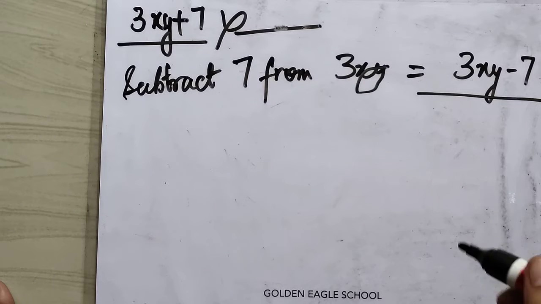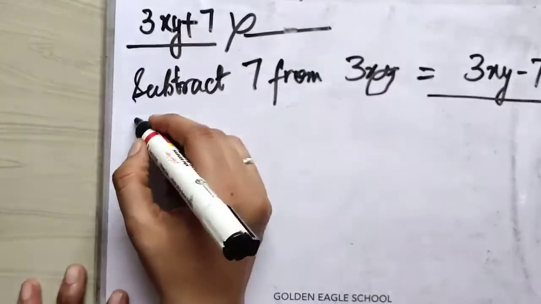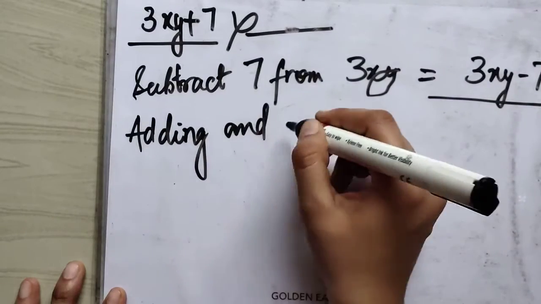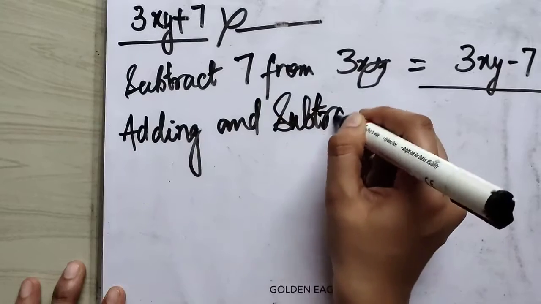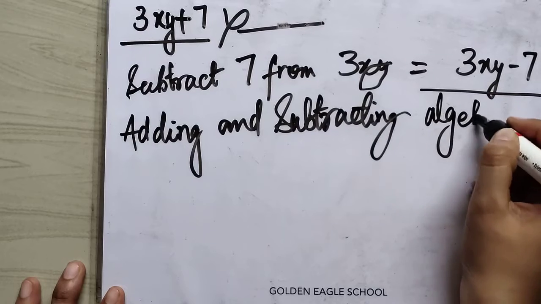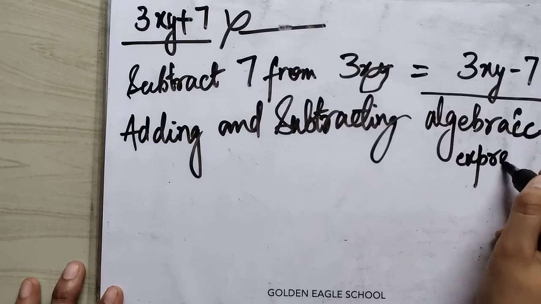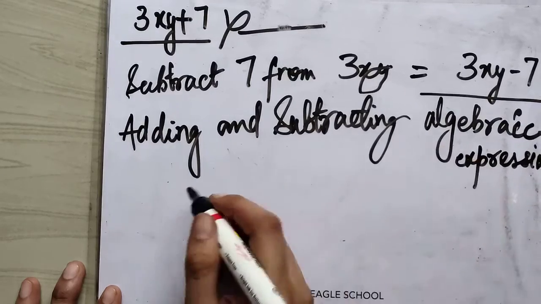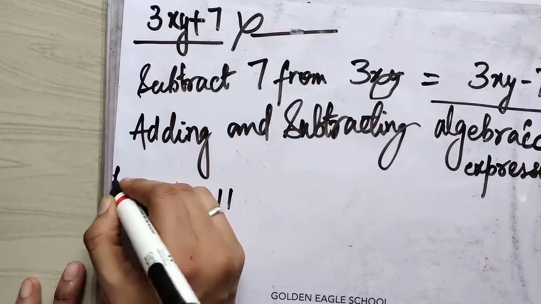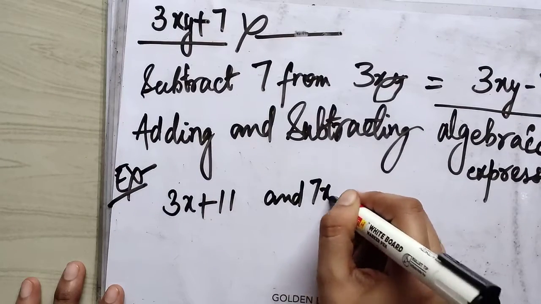Okay. Next is adding and subtracting general algebraic expressions. Now we are not doing terms, we are adding and subtracting the full algebraic expressions. For example, 3x plus 11 and 7x minus 5.